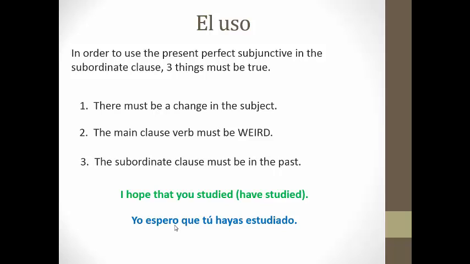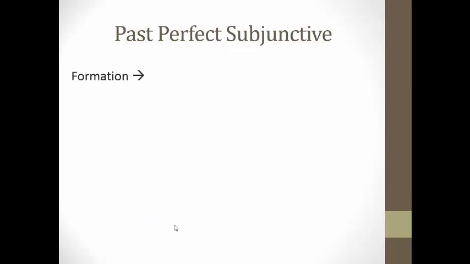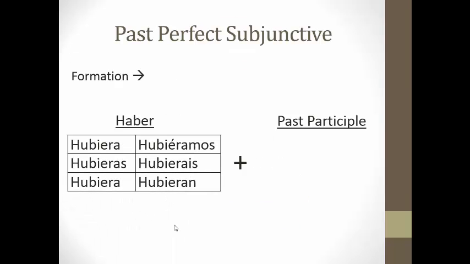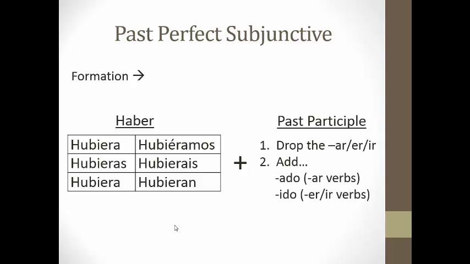Let's now talk about the past perfect subjunctive, which you're going to notice a lot of similarities here. First, in formation, it's a perfect tense, so it's formed just like the rest. You need a form of haber with the past participle. If it's past perfect subjunctive, well then you need the past subjunctive form of haber. In the past subjunctive, haber is hubiera, hubieras, hubiera, hubiéramos, hubieran.